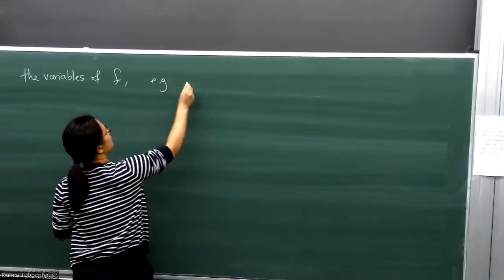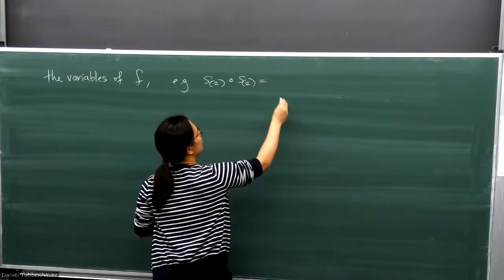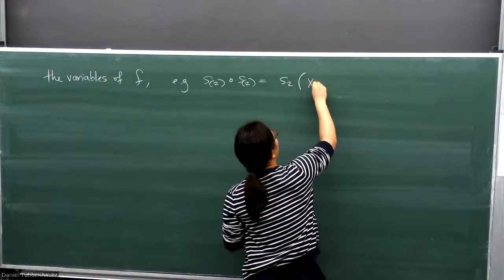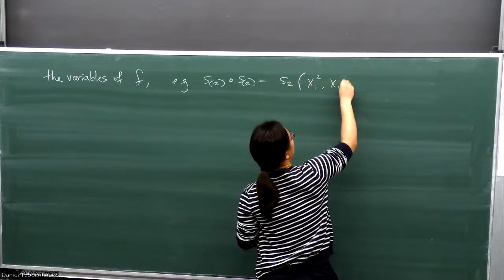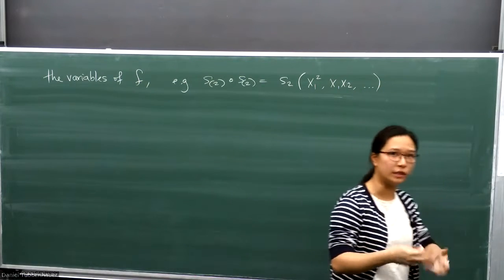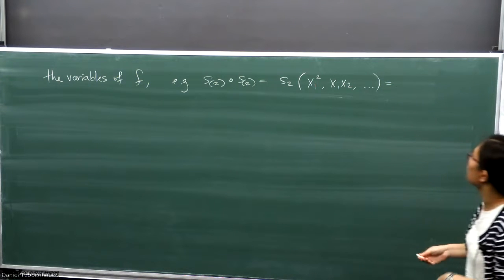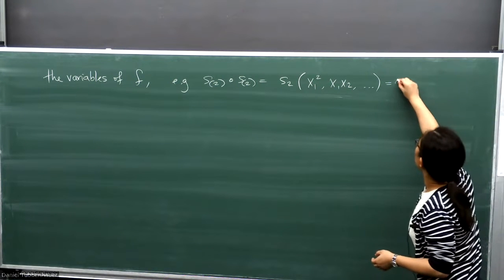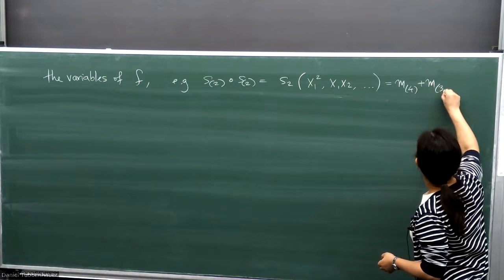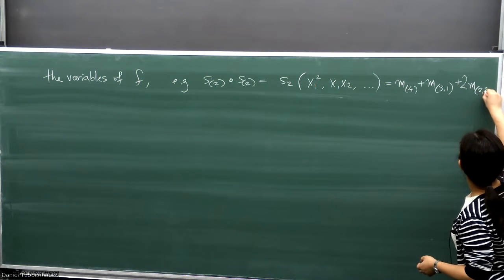So for instance, if we take the plethysm of S2 with S2, then we can substitute in the variables to be x1 squared, x1 x2, and so on. In particular, if we write this out in terms of the monomial sums, then we get m4 plus m31 plus 2 copies of m22.